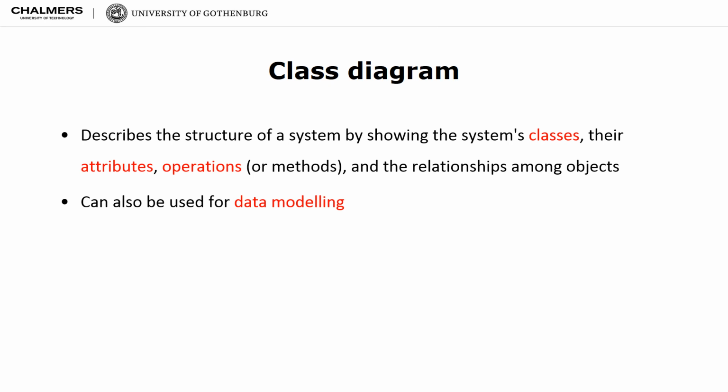Class diagrams are the most used UML diagram type. A class is the main building block of any object-oriented solution. Class diagrams show the classes in a system, their attributes and operations, and the relationships between classes.